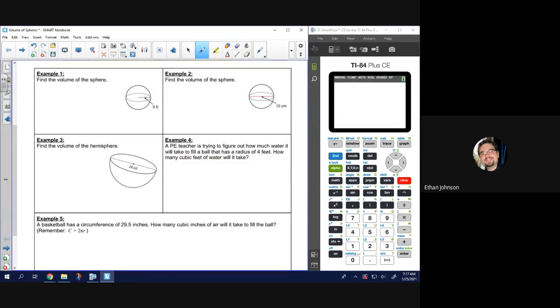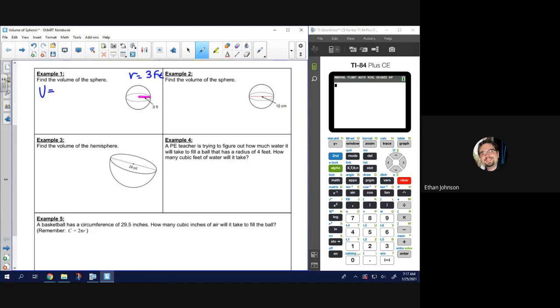Find the volume of the sphere. So just glancing at it, I see I have a length going from the center to the edge. So that tells me I have my radius. So I know my radius is 3 feet. So I know my volume formula.